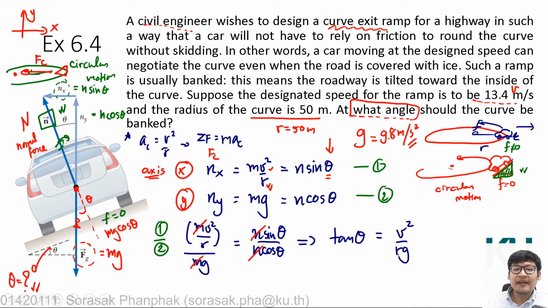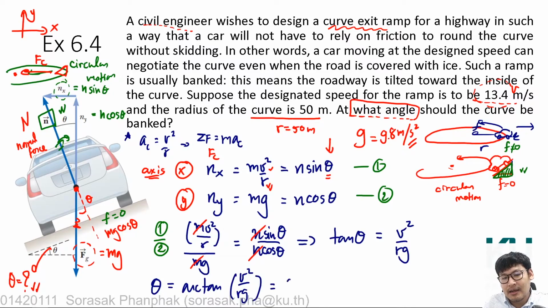To find the angle theta the curve can be banked to have this car moving with this speed, we can find the arctan. Or I can write it like this, maybe better: arctan of v squared over rg.